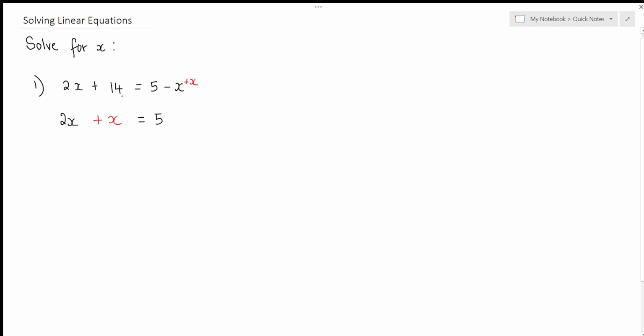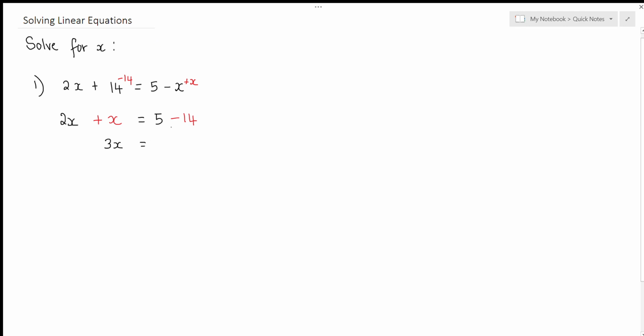I have plus 14 on the left hand side. If I want to move the number on the left hand side to the right hand side, I'm going to minus 14, because the inverse of positive 14 is negative 14. So I will therefore minus 14 on the right hand side. So on our left hand side I have 2x plus x, which would give me 3x.